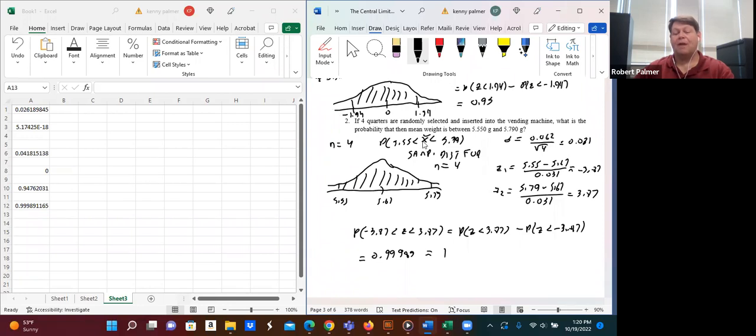Only a few out of 1,000 such samples would have average weights not in between these two.